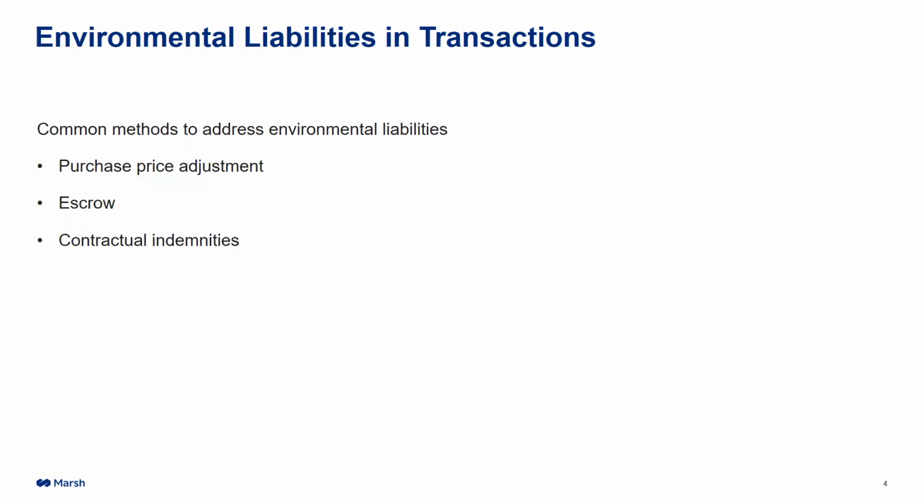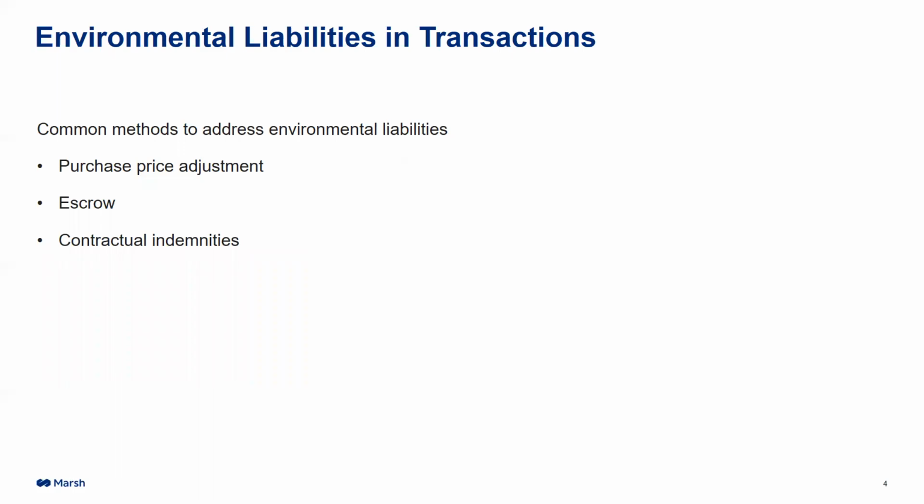So environmental liabilities in transactions, they come up almost all the time across most industries. Traditionally, when environmental liabilities come up, they're dealt with in a couple ways. Buyer and seller are both trying to figure out who's going to take what. And you commonly see things like purchase price adjustments, where we expect a buyer to assume the liabilities in exchange for a reduced price.